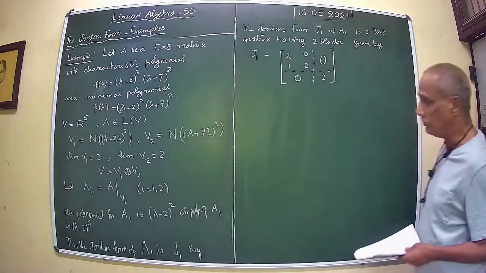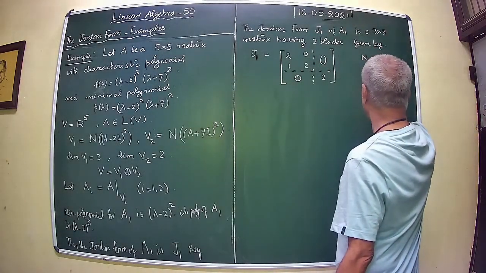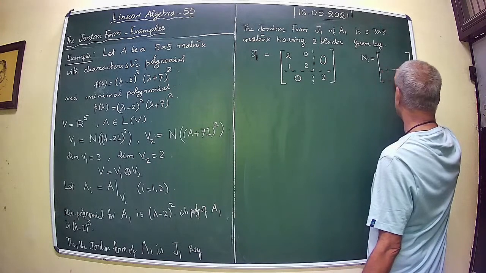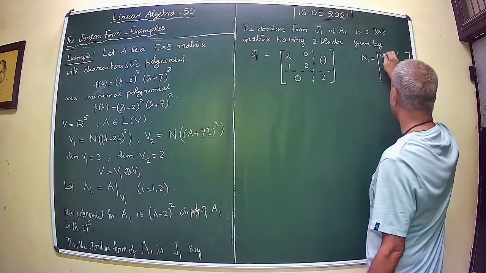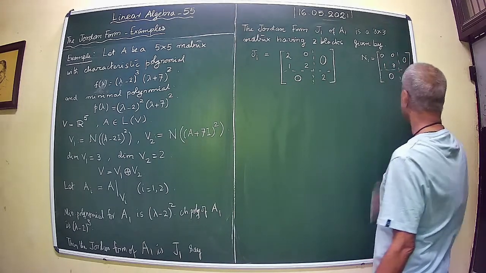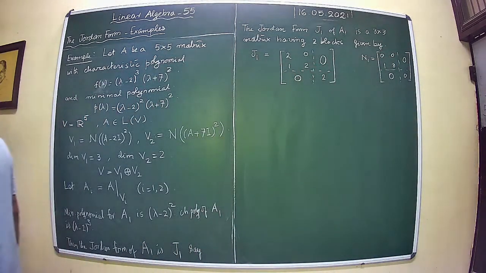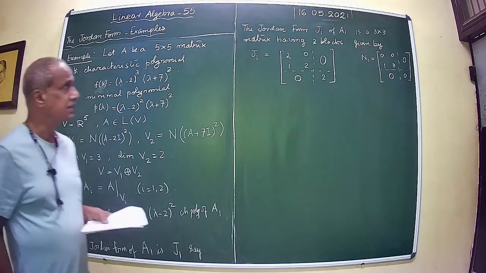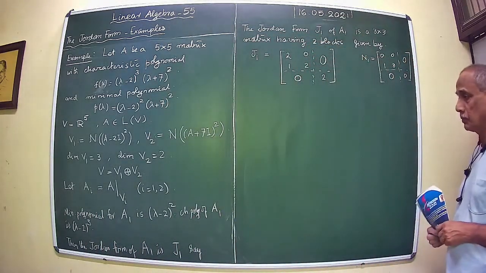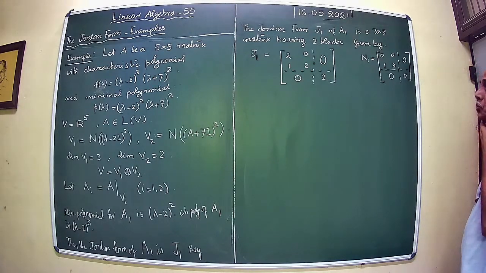Because if you work out the N1, N1 has the form. This is N1, associated with this, which is given by a restriction of A to V1 minus 2I.